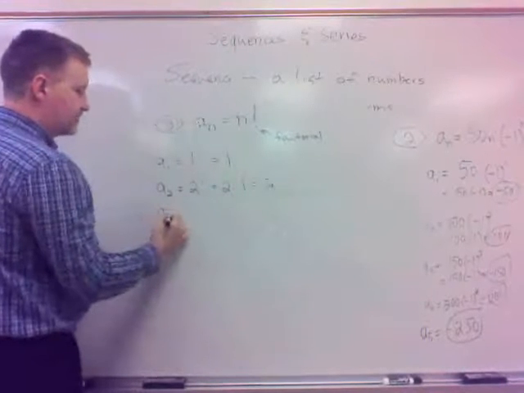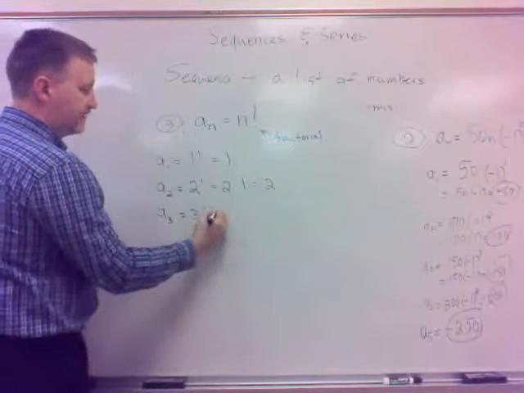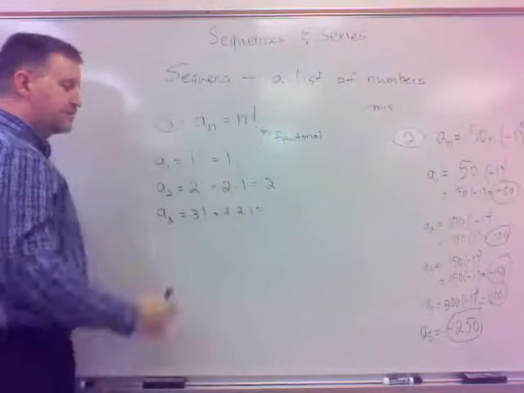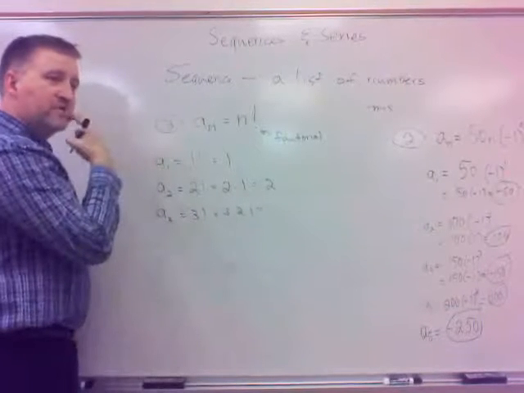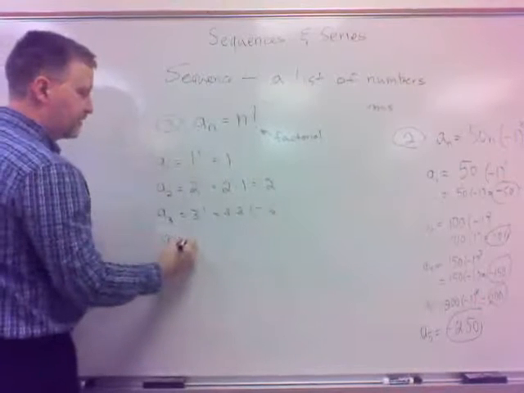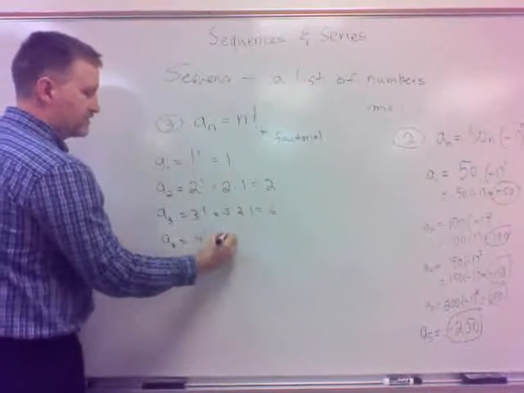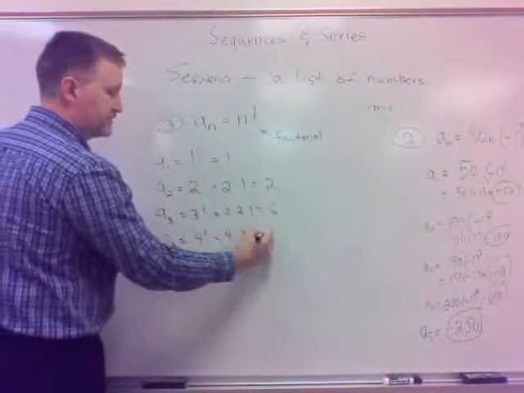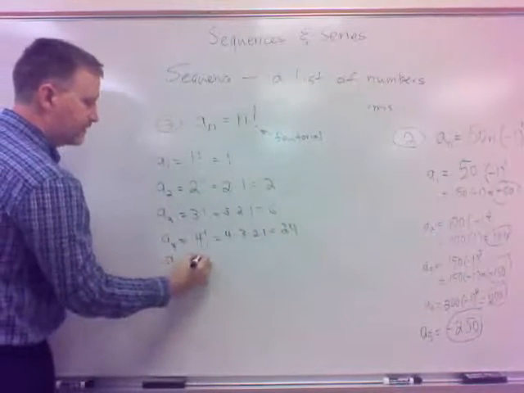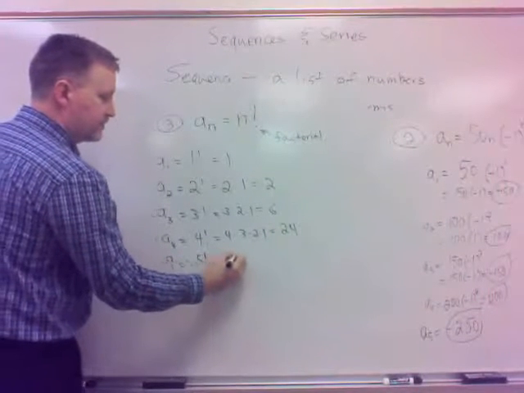But when we get a sub 3, which would be 3 factorial, that's 3 times 2 times 1. So you start at that number and just count down to 1 and multiply all those together. So that's 6. A sub 4, 4 factorial, so that's 4, 3, 2, 1, which is 24. And then a sub 5 would be 5 factorial. So that's 5, 4, 3, 2, 1 multiplied together.